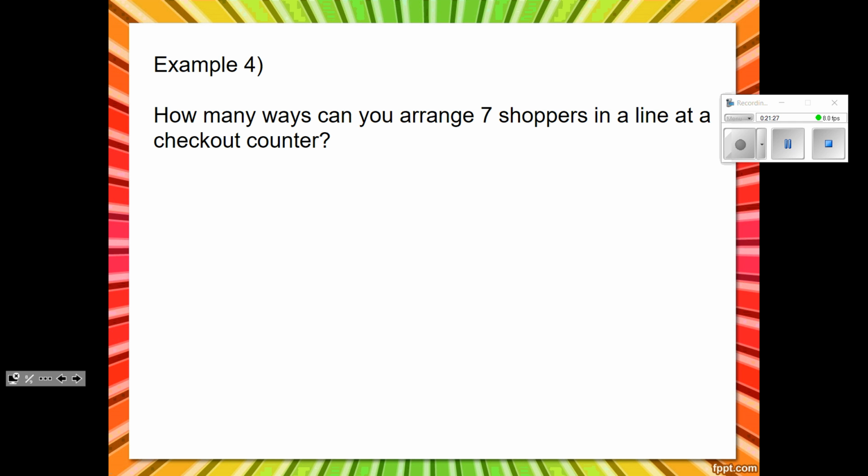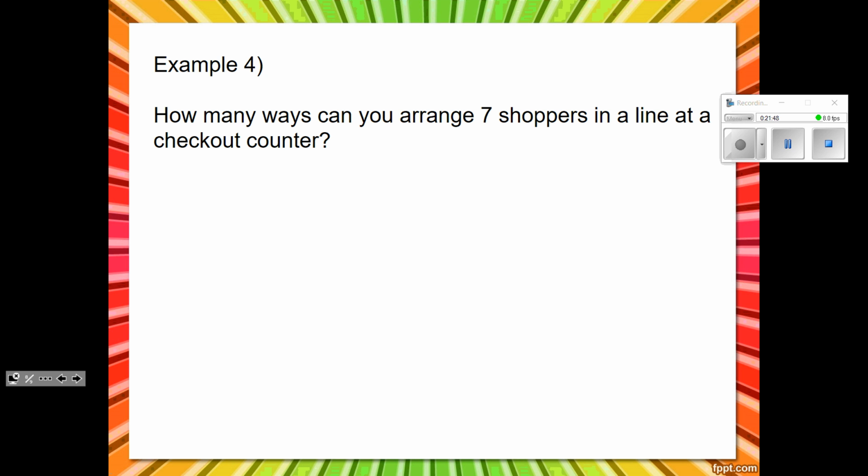Well, what if I had 7 runners and I wanted to pick the top 3? That would still be a permutation. The difference between permutation and combination is, are you placing them in a specific position or order?